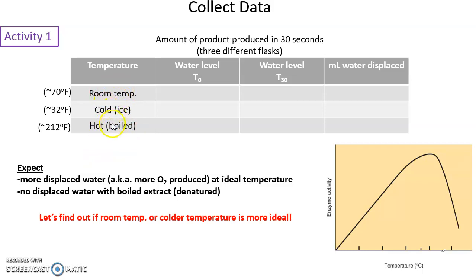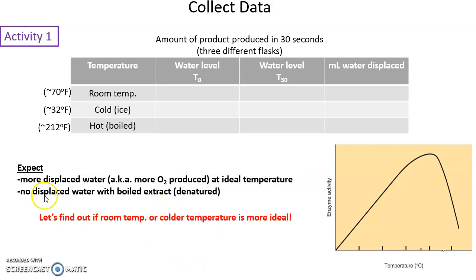So we'll have 3 different samples where the peroxidase is trying to break down hydrogen peroxide. One will occur at room temperature, one on ice, and one after it's been boiled. We'll again compare the level of water before and after the chemical reaction is allowed to occur, 30 seconds. The displaced amount of water gives us the relative reaction rates, and the one that has the most water displaced is the one closest to the ideal temperature for the turnip peroxidase.